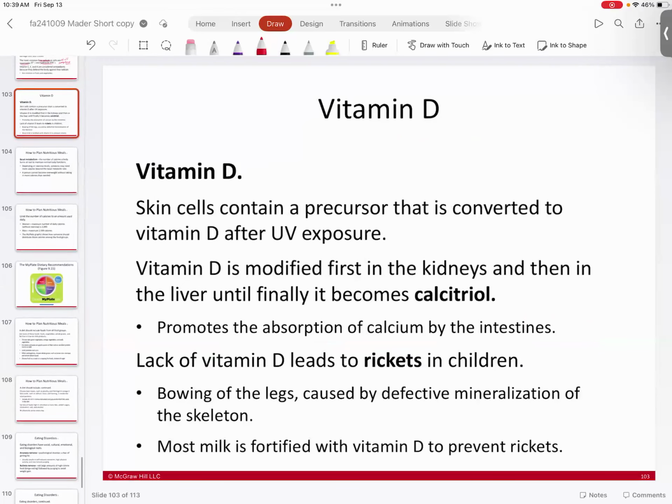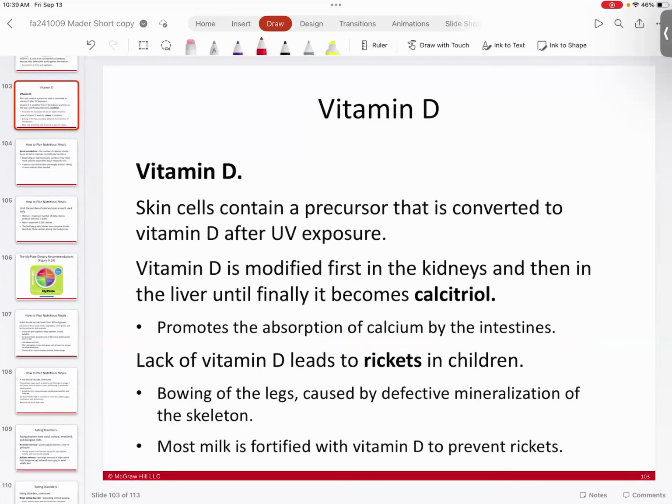Vitamin D is kind of an important one to mention separately because this one we need in order to create calcitriol, which basically promotes the absorption of calcium in our intestines. So D is what's called a coabsorbent, right? So calcitriol rather is a coabsorbent for calcium.